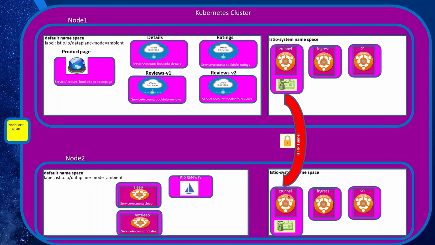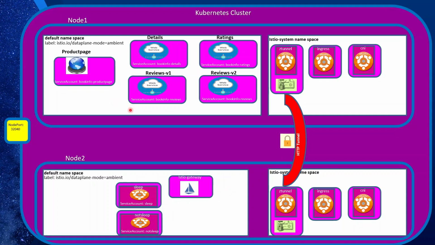Let's say the sleep service wants to call the product page or details page. The Z-tunnels on each side will do an mTLS handshake, basically validating that the certificates are valid and that the service, in this case sleep, is who it claims to be.